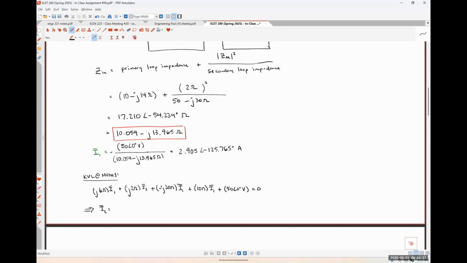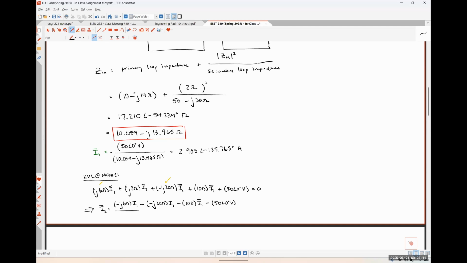So that's going to look like minus J6 ohms times I1. And then I'm going to have minus negative J20 ohms times I1. So let me just put some check marks here. So I've moved this guy over to the other side of the equal sign. I've moved this guy over to the other side of the equal sign. I'm going to have minus 10 ohms times I1, and then minus 50 angle 0 degrees volts.